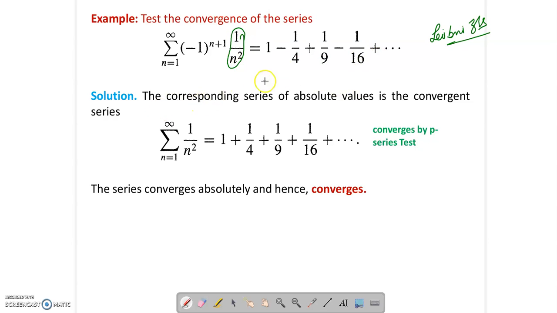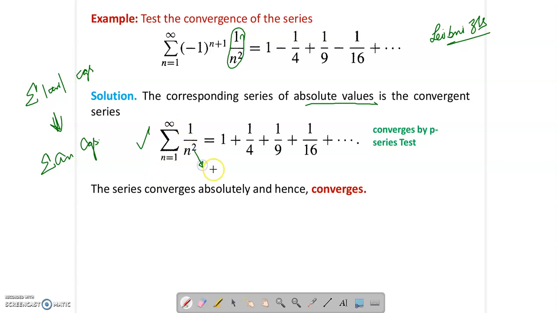The other way is, since we know this result that if the series of absolute values converges, it implies that the series converges, we will use this result here. Consider the corresponding series of absolute values. What will be the corresponding series of absolute values? It will be the summation, n going from 1 to infinity, of 1 by n to the power 2.